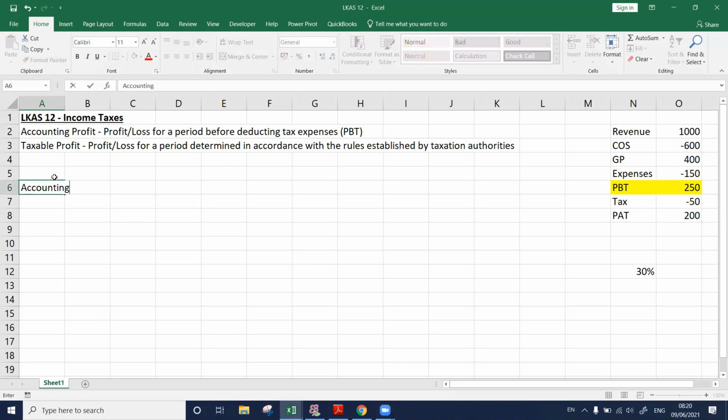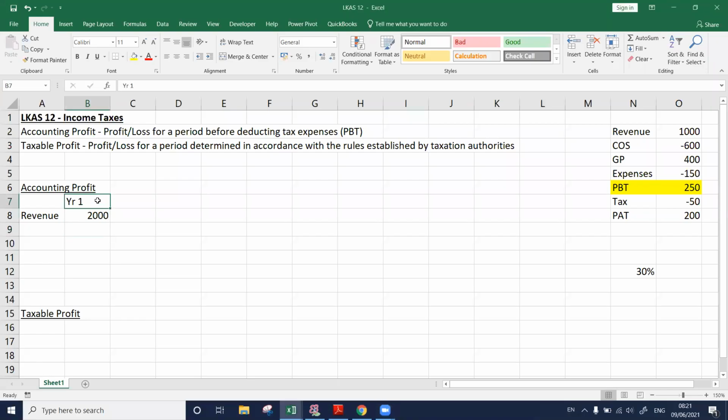Accounting profit and taxable profit. Assume in year 1, we have generated a revenue of 2,000.